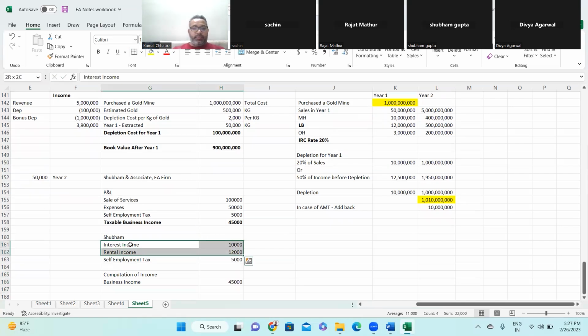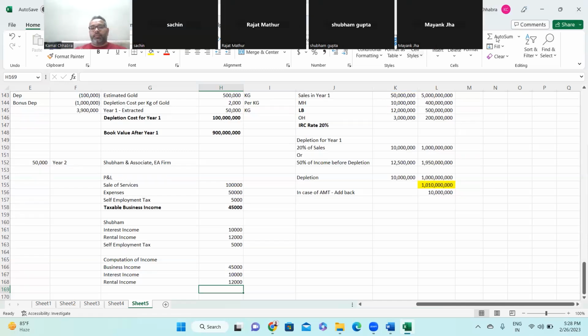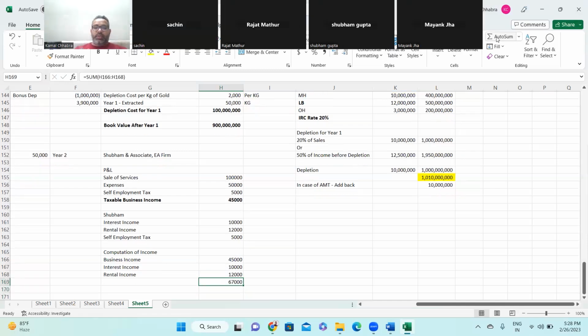Are you guys with me? Yes, sir. Interest income and rental income. So how much is the total income he has? $67,000, right? Gross income is $67,000. Yes.